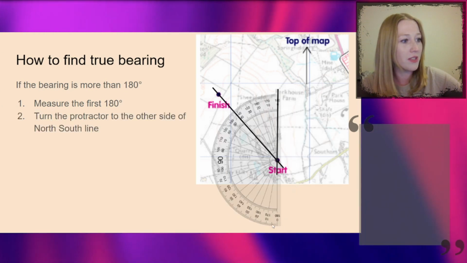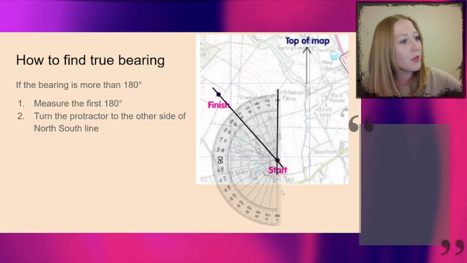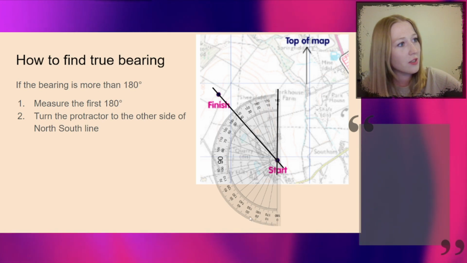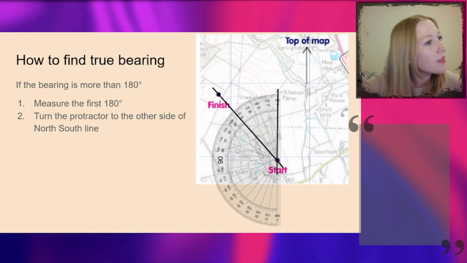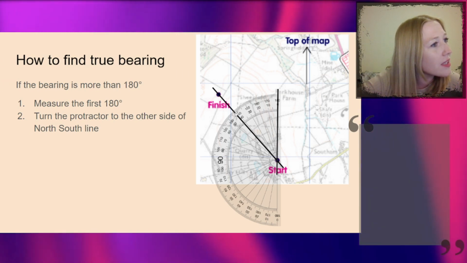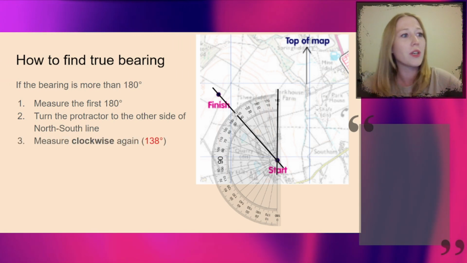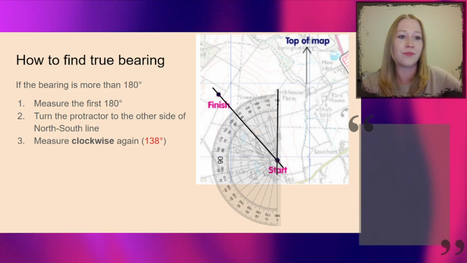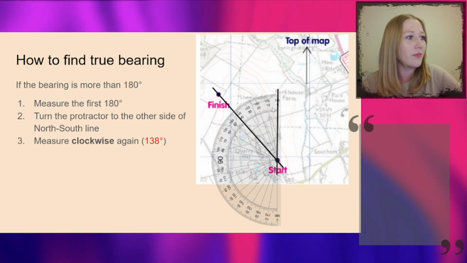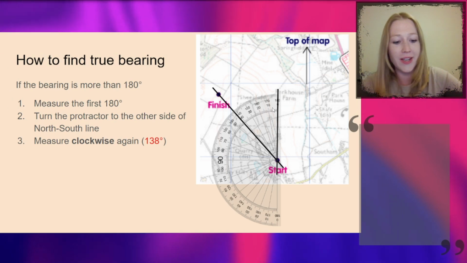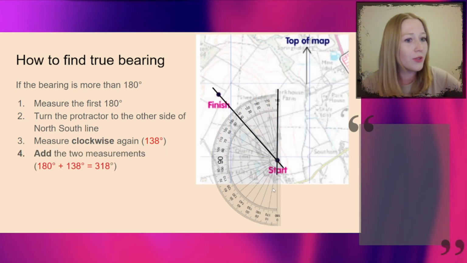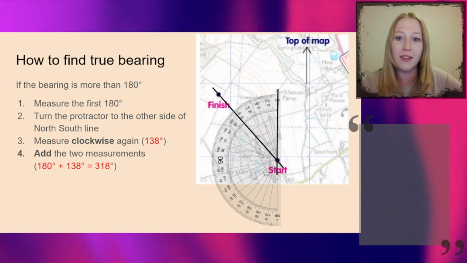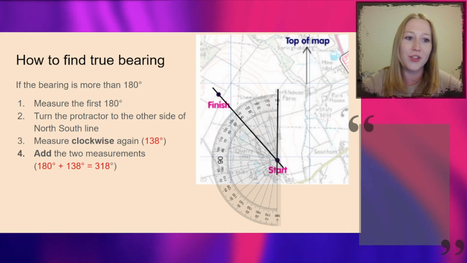And now I turned it so that the 0 is at the bottom. And I'm going to measure the rest from that 0 all the way up. That looks like 137, 138. What did I record? 138. Okay. Now you take your first 180 that you measured at the beginning, you add it to the second little piece over here, and you get the same 318.